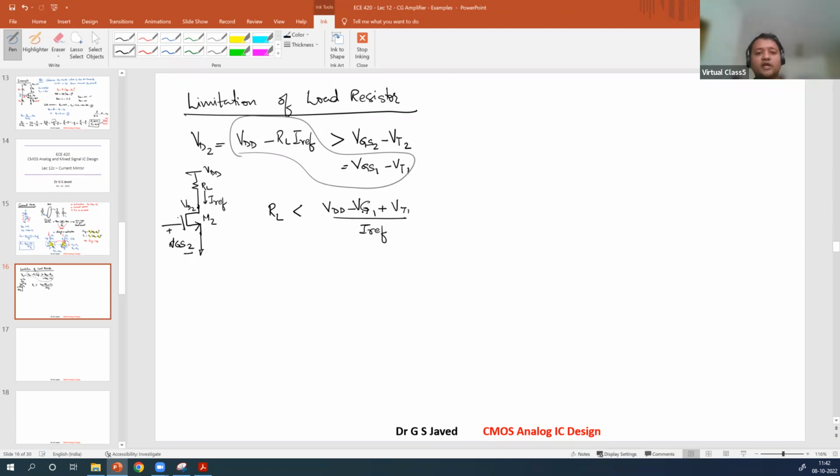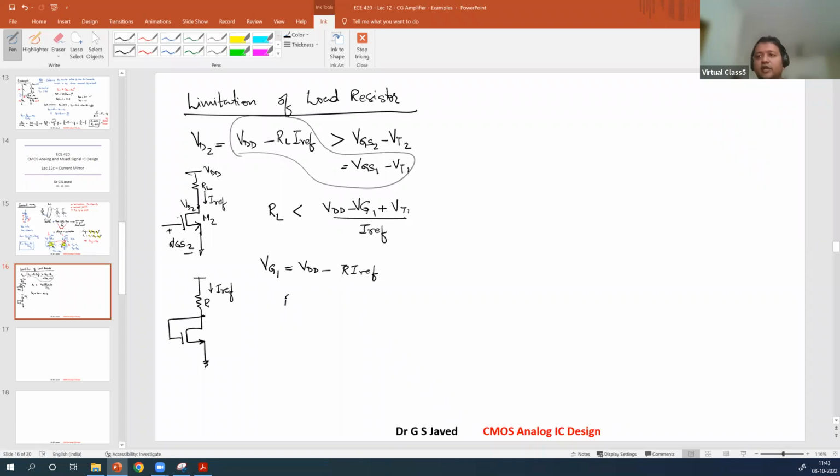Now, we also know that VG1 is equal to VDD minus R into IRF. So this is on the diode side. You can either call it VD1 or VG1. So you know that VG1 is VDD minus R IRF.